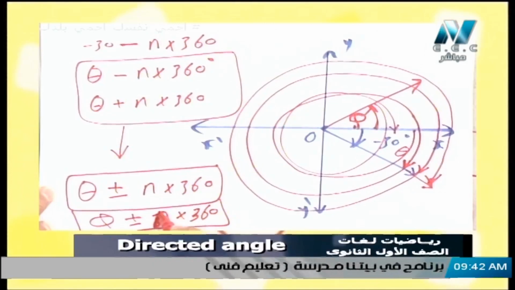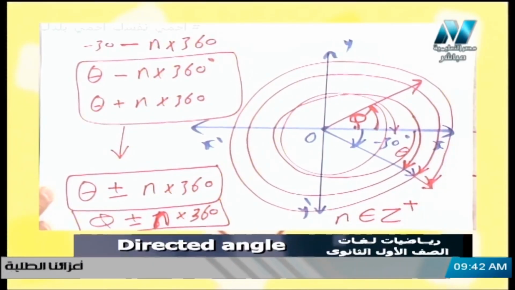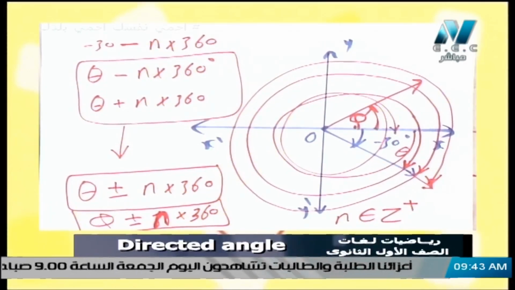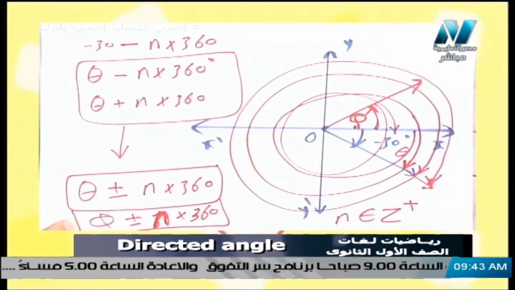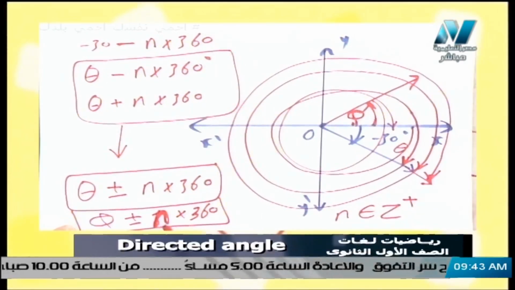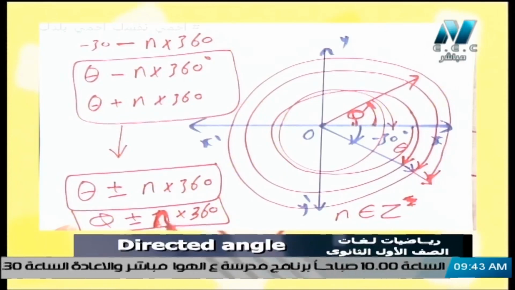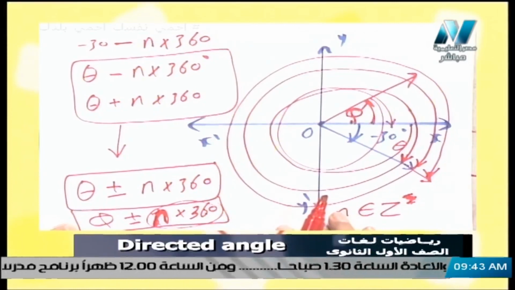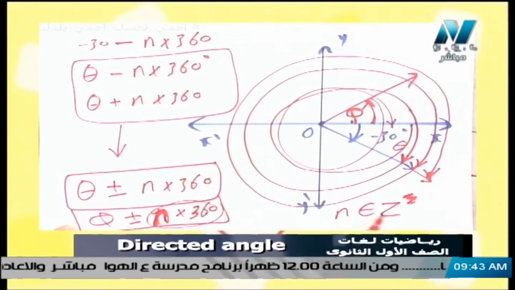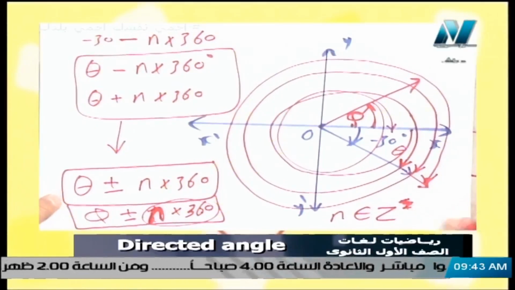And now n, of course, belongs to Z positive. Z positive means that n equals 1, 2, 3, 4, and so on. No negative here and no 0. Even if it's 0, we can say Z positive only, because 0 multiplied by 360 means no turns, and it's phi itself, and it is already equivalent to itself, of course.